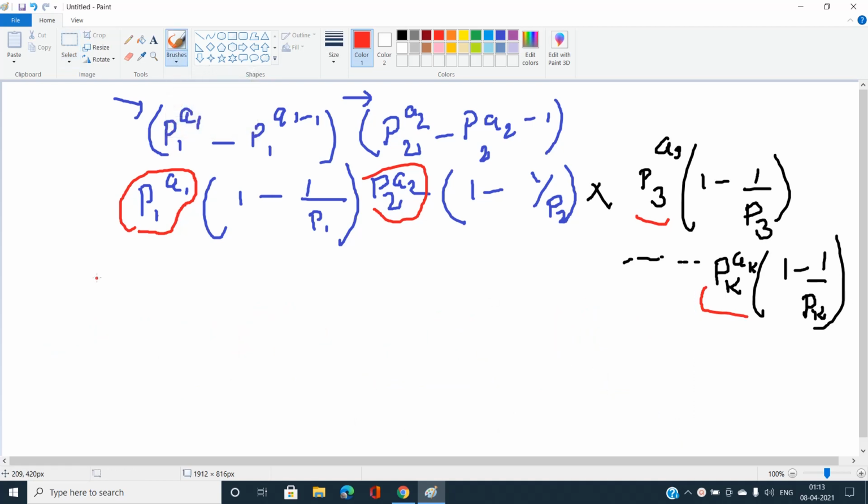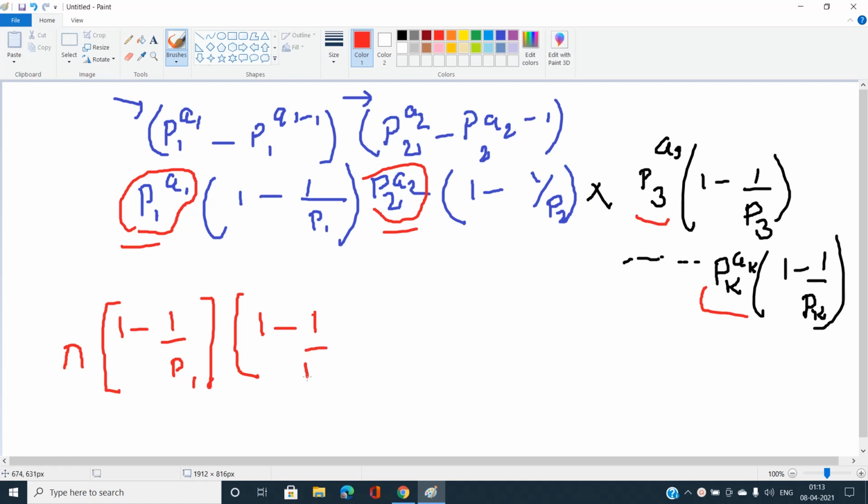Watch this carefully: p1 power a1 clubbed with p2 power a2 in multiplication gives the number n, which is multiplied by all the prime factor terms, like 1 minus 1 upon p1 into 1 minus 1 upon p2.